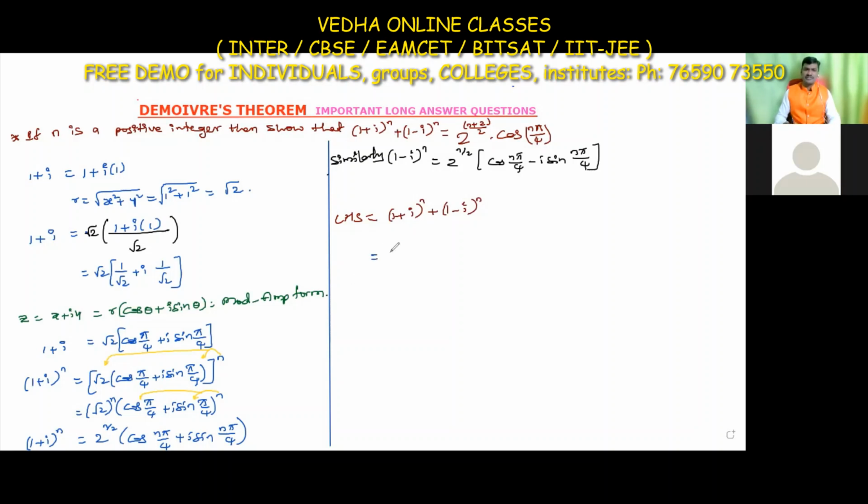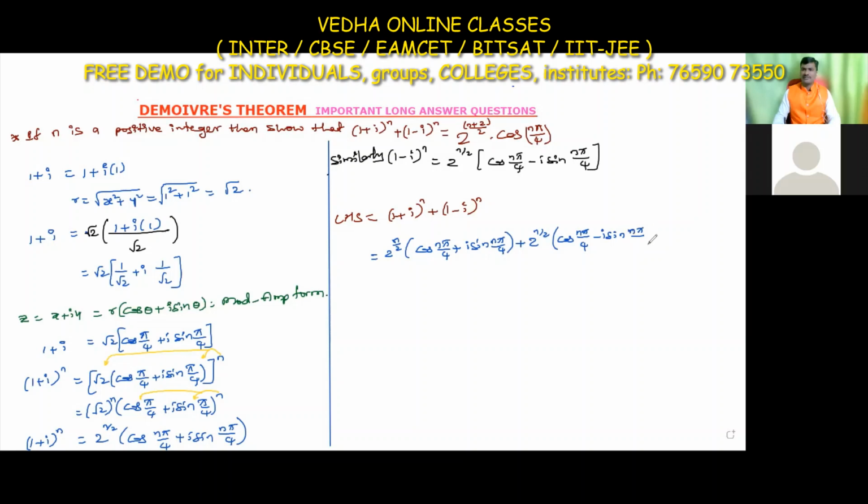The first term is 2^(n/2)(cos(nπ/4) + i sin(nπ/4)), plus the second part, 2^(n/2) as it is, into (cos(nπ/4) − i sin(nπ/4)).